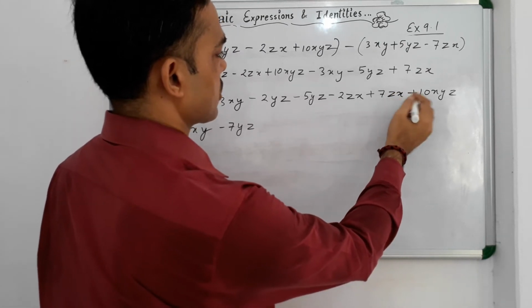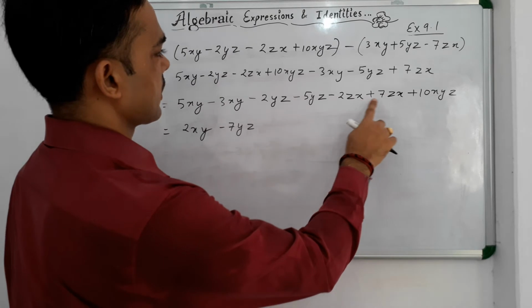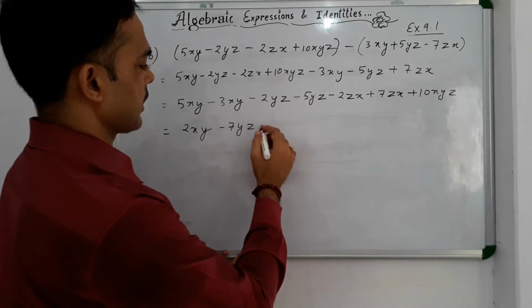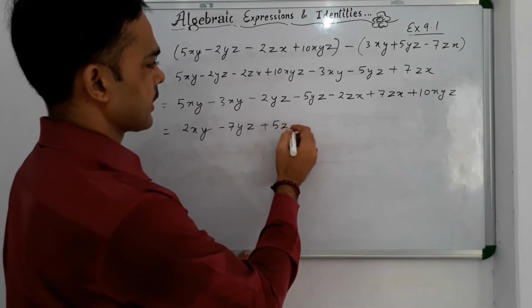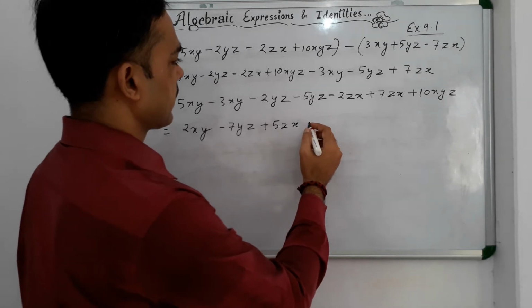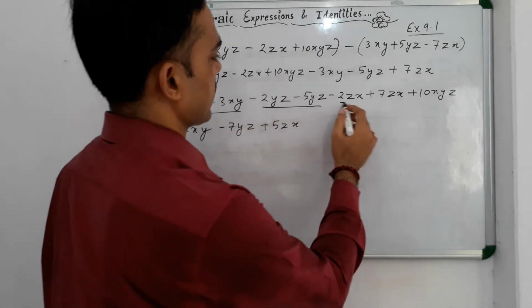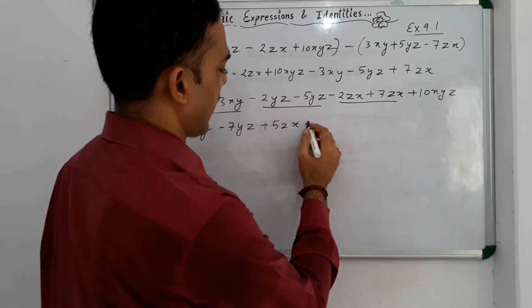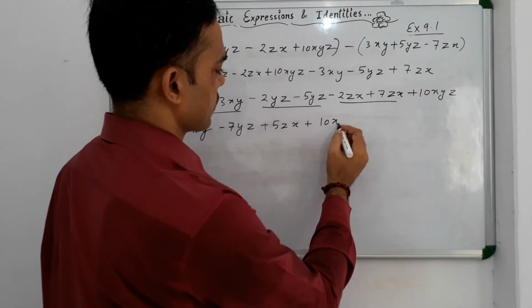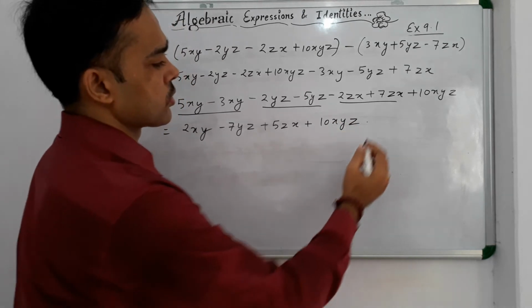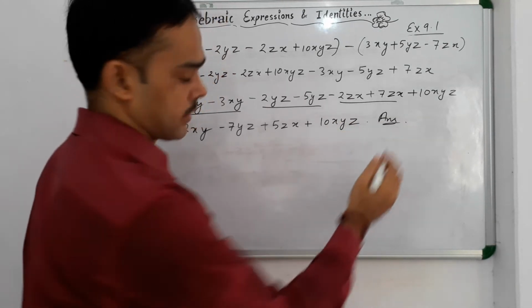Okay, so minus 2zx plus 7zx means it will be plus 5zx, and then we have done this, this, and this also. Then finally plus 10xyz is left, so this will be your answer.